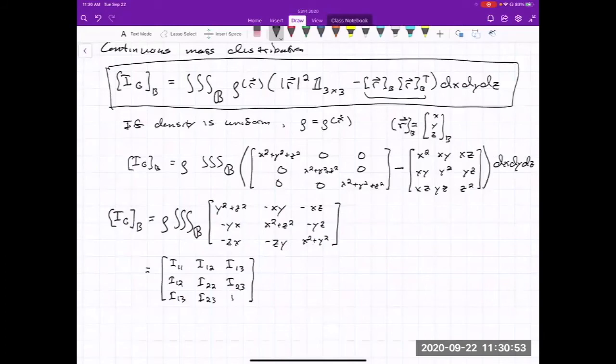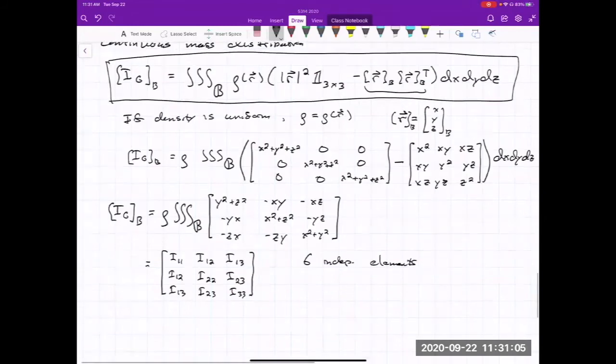So really, we only have 6 independent elements. If you're following along in the book, this is equation 11.22.